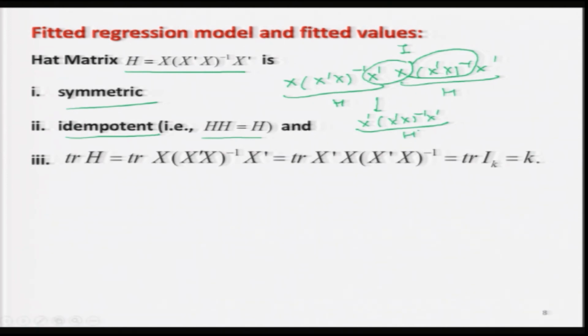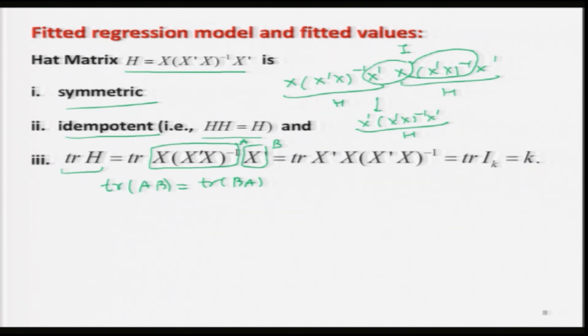And similarly, if you try to find the trace of the matrix H, this is obtained by using a result in matrix theory, which is trace of AB is equal to trace of BA. So, I am trying to find the trace of matrix H. I write H, and then I write this matrix as A and this matrix as B, and then use this result, trace of AB is equal to trace of BA.